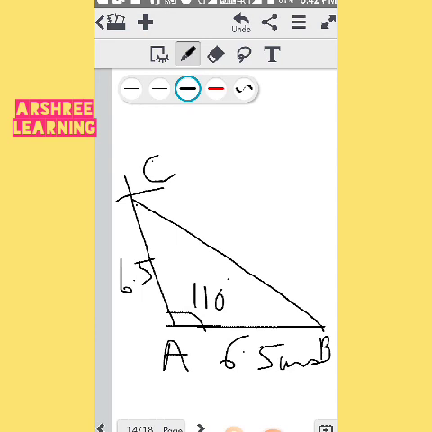So this figure will be made. Here also you will write the steps of construction as you have done. First draw line AB is equal to 6.5. Then construct angle A is equal to 110 degree, then cut arc AC is equal to 6.5 and then join BC. So triangle ABC is formed, which is an isosceles triangle.